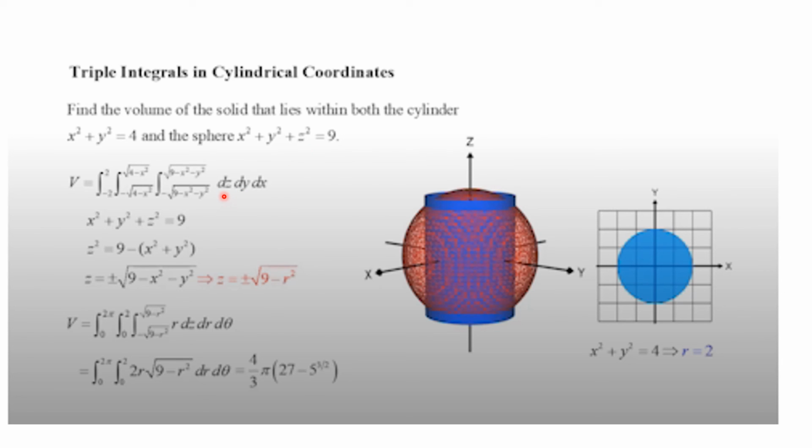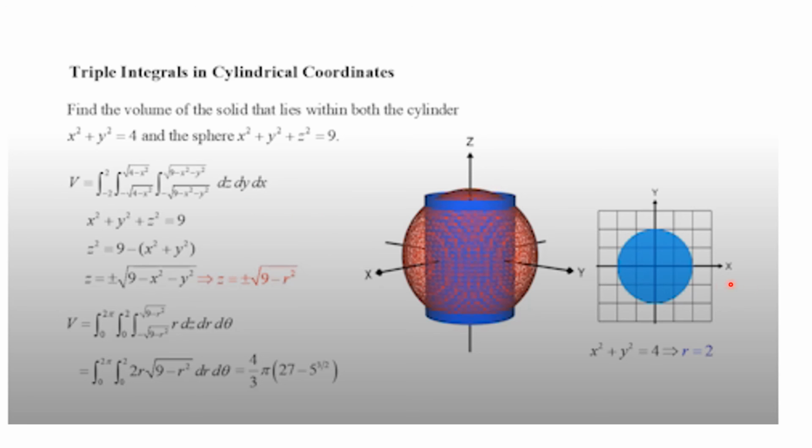We're going to do dz, dy, dx. So z is going to go from minus the square root of 9 minus x squared minus y squared, to the top limit, the square root of 9 minus x squared minus y squared, and that is dz.